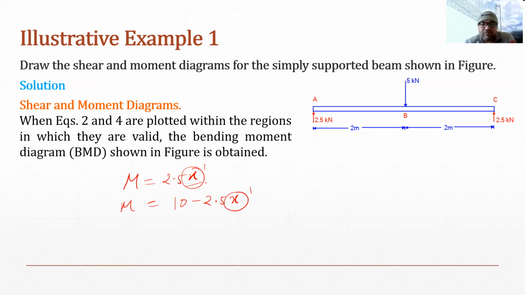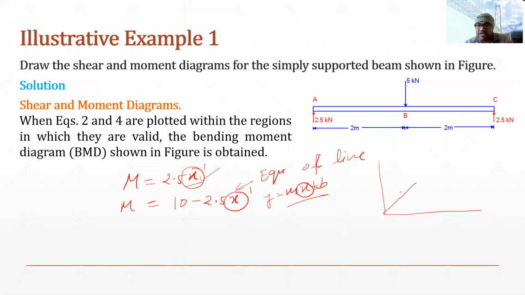And when x is in the order of 1, then this is actually the equation of a line. We know that the equation of a line is mx plus b. In this, x is of single order, and that is why we can say that when we draw the graph, this equation will give us a straight line.